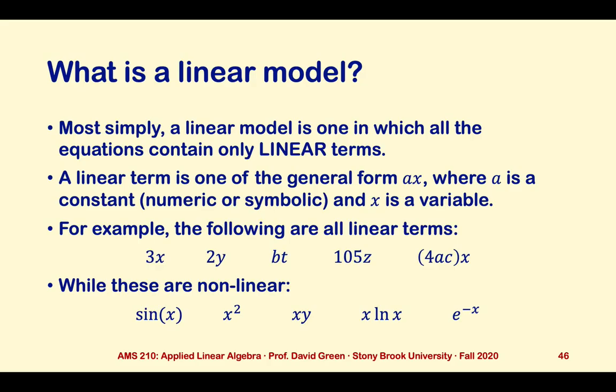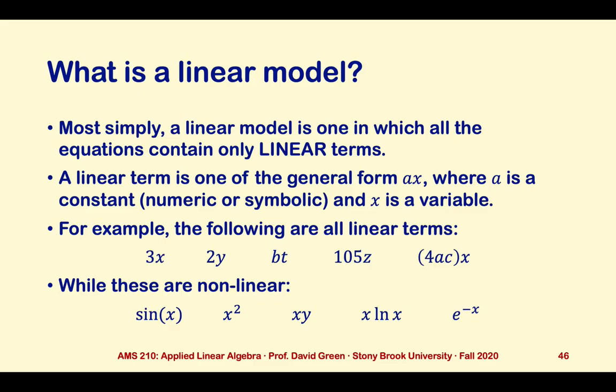Linear algebra in particular is the study of linear models. What do we mean by that? Well, at its simplest level, a linear model is one in which all of the equations contain only linear terms. A linear term is one that has a general form of a times x, where a is some constant, perhaps a number or perhaps a symbolic constant, and x is a variable.